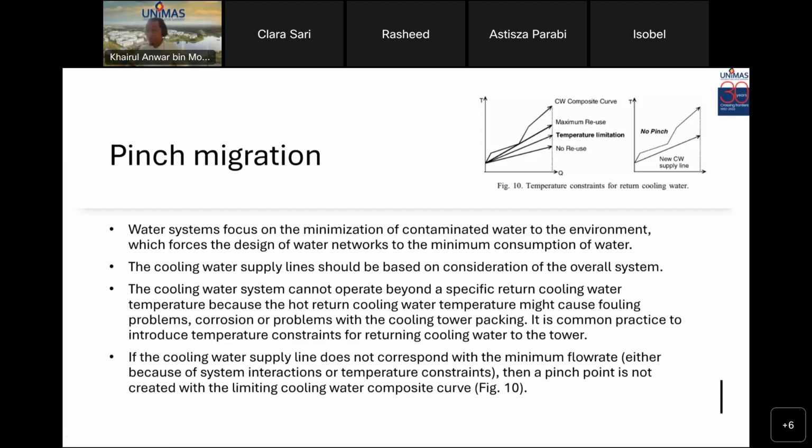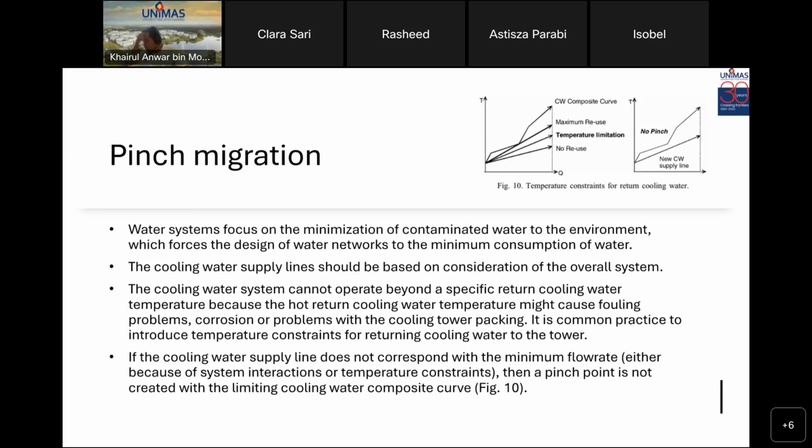Water system focuses on the minimization of contaminated water to the environment, which forces the design of the water network to the minimum consumption of water. The cooling water supply line should be based on consideration of the overall system.